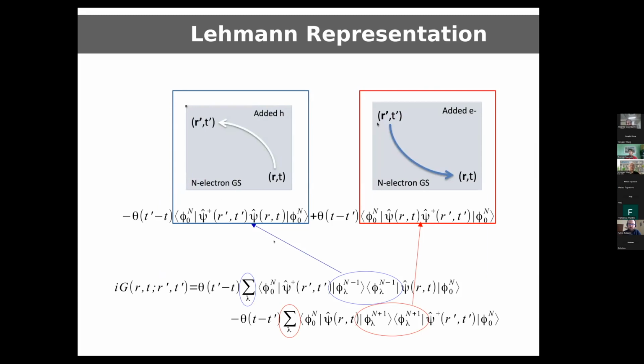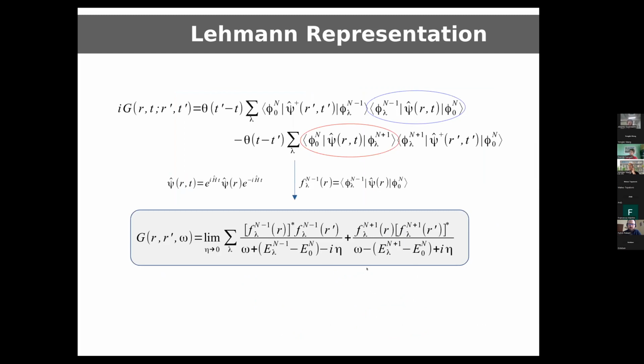Well, what you can do, you start from this expression, and then you can insert in between these two field operators some completeness relation. And in particular, you insert a sum over excited states. And since on one side you remove an electron, and on the other side you add an electron, you have a sum of states with N-1 and N+1 particles.